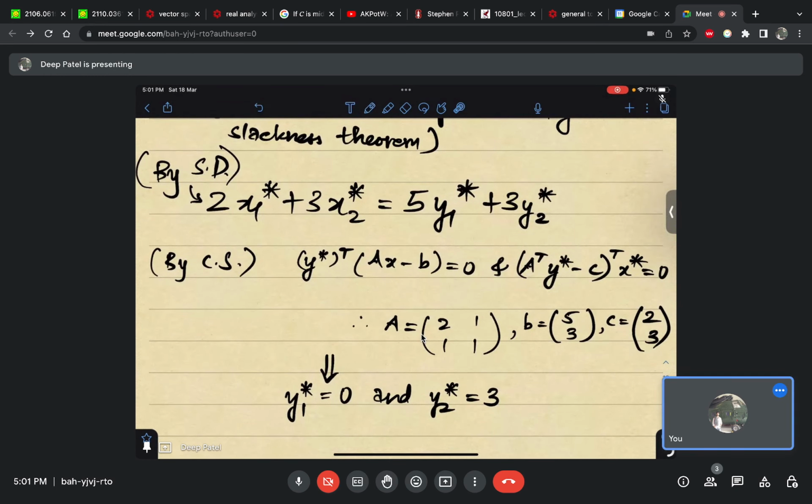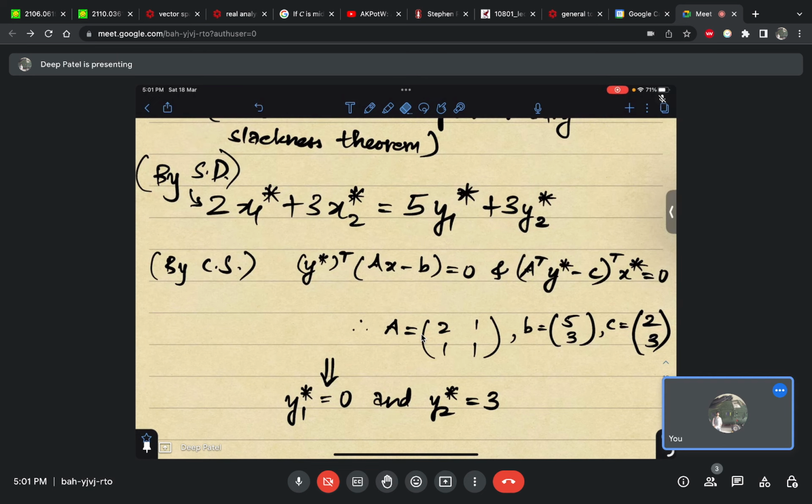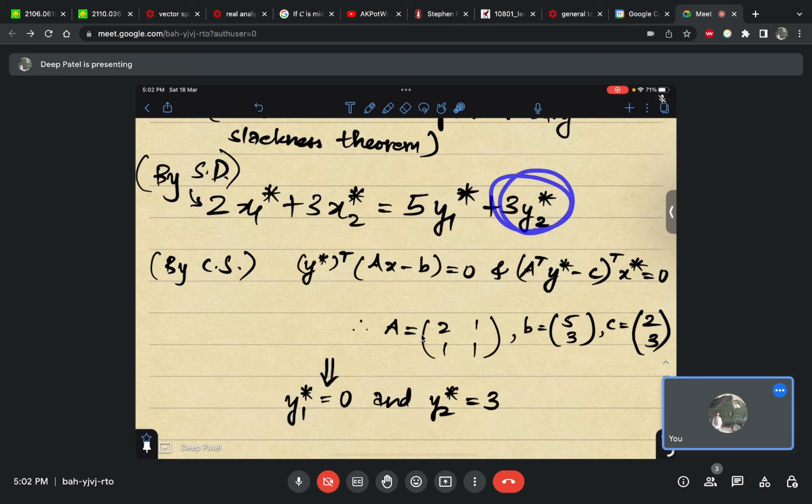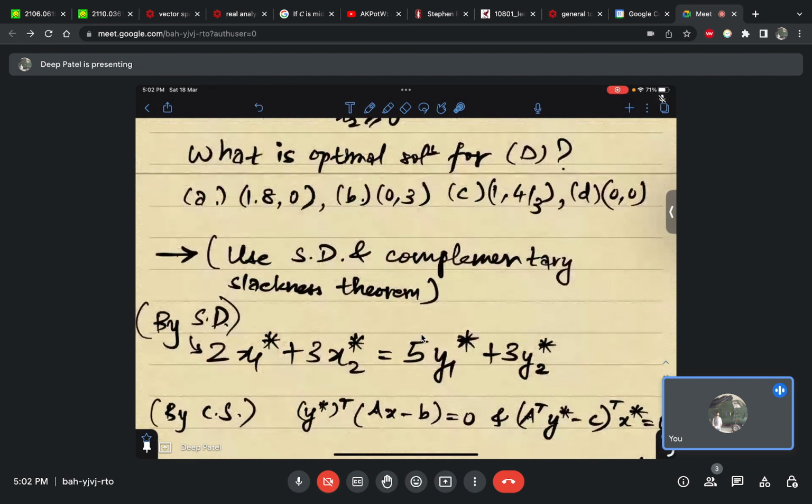At least one sanity check we can do is if you put this here, 5 y1 star plus 3 y2 star, you actually get 9, right? It's the same as 3 times 3 plus 0. I think it's also easy to see from here, for example. Okay, maybe not this one. 1.8 times 5 is still 9 here, so this doesn't completely eliminate it.